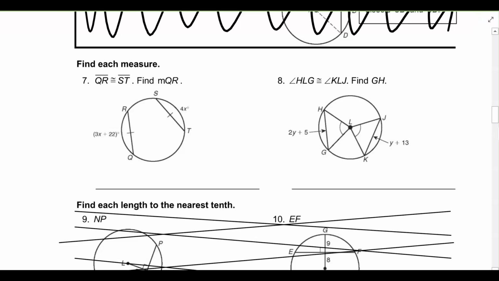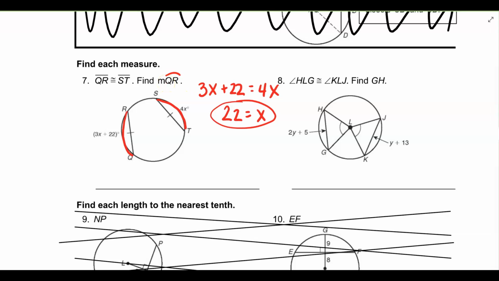So using this whole idea, they're showing me two congruent chords. That means that my arcs are going to be congruent. So I set up that equation, 3x plus 22 equals 4x. Subtract 3x from both sides to get 22 equals 1x, which means we're almost done. Finding x is important, but in order to find the measure of arc QR, I have to plug it back in.